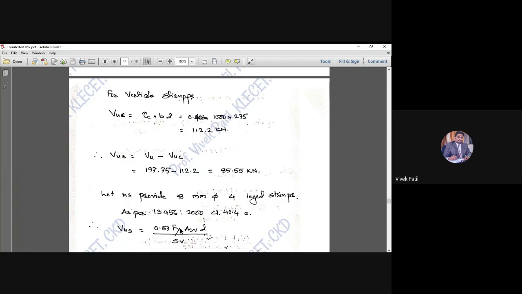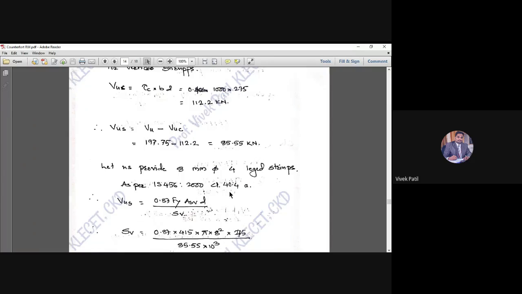Then Asv is the area of shear reinforcement, which is for 8 mm diameter four-legged stirrups: 4 into pi by 4 into d square. And d is the effective depth of the heel. Then Sv is the spacing. Out of that, only the spacing Sv is unknown to us. Vus we have calculated here as 85.55 kilonewtons.